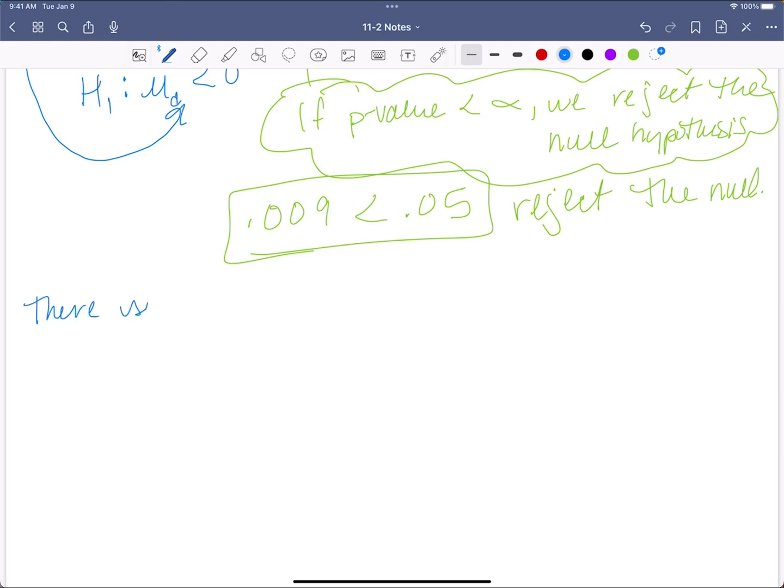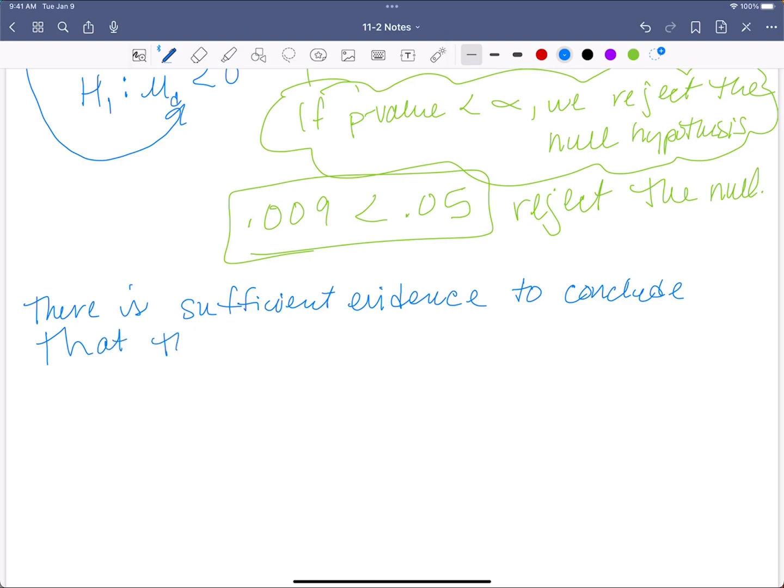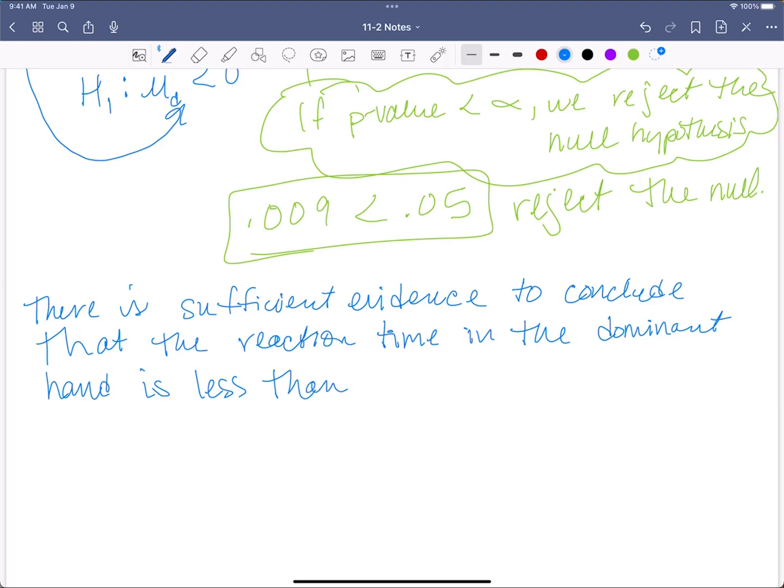There is sufficient evidence to conclude that the reaction time in the dominant hand is less than the reaction time in the non-dominant hand.